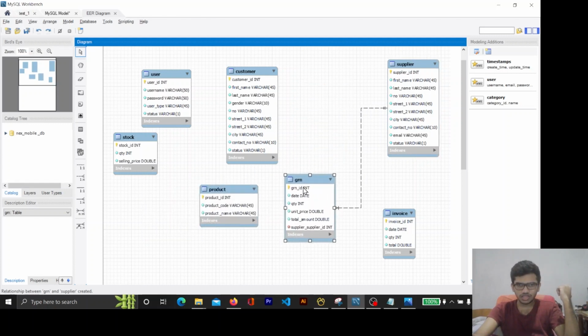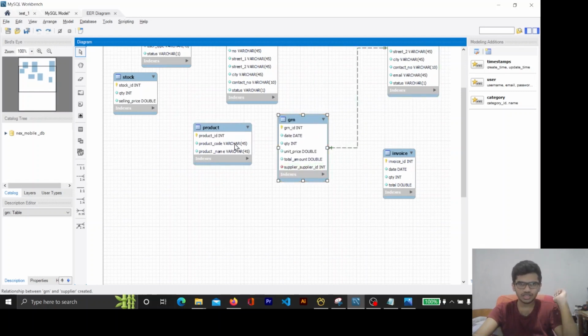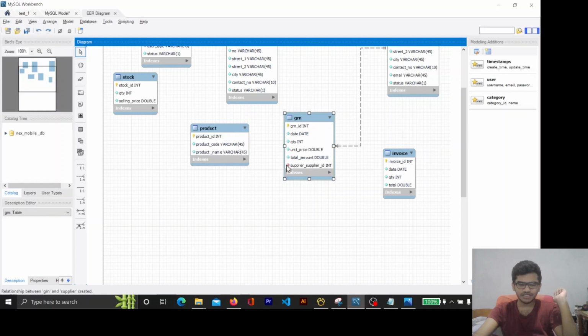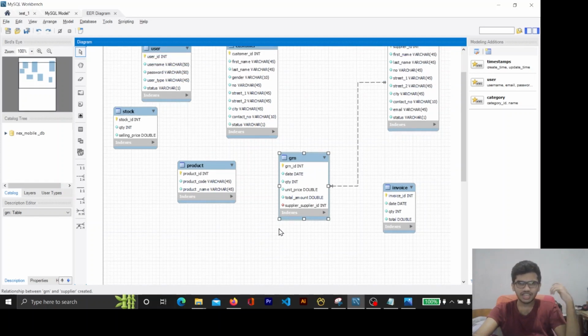If we keep these two together, what I'm trying to say is that one product can have many GRNs, and one GRN can have many products as the store supplies.